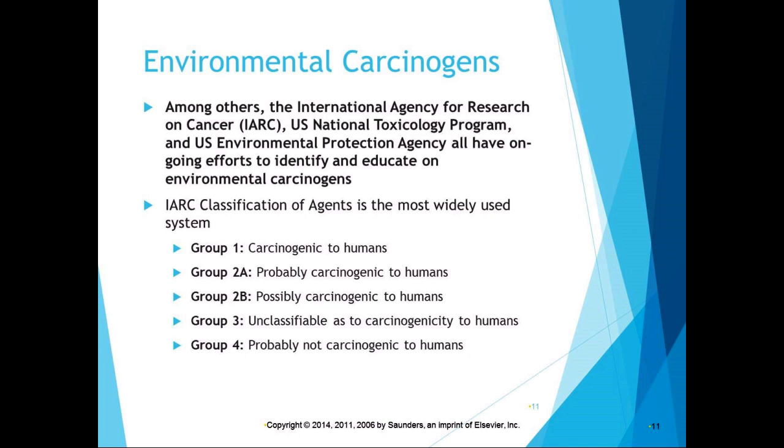The IARC has a classification of agents, and it's the most widely used system, classified by how potentially carcinogenic an agent is. Group 1 is carcinogenic to humans, 2A probably, 2B possibly, and those are pretty vague, but there you go. Group 3 is unclassifiable, so they don't know one way or the other. And group 4 is probably not. It's probably okay.